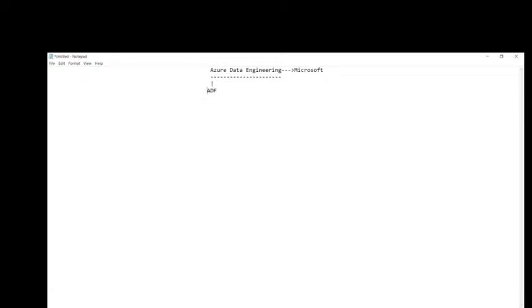Which stands for what? Azure data engineering. Apart from ADF, we also have the service ADB, which stands for Azure Databricks. Apart from this, we also have Azure Synapse. I'll explain one after the other, don't worry.